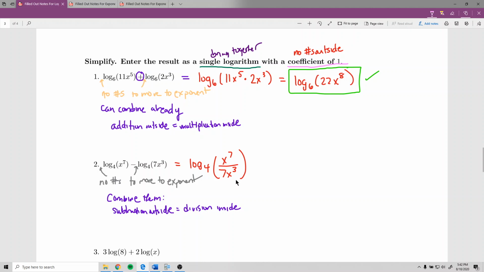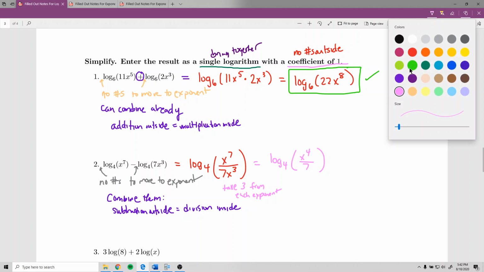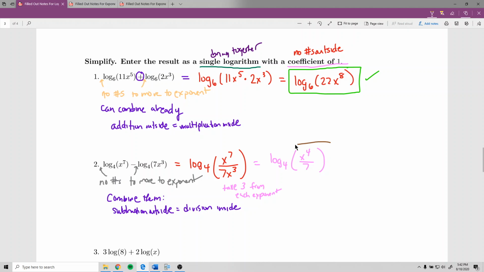So what I'm going to do is take 3 from each exponent. And we get log base 4 of x to the 4th divided by just 7, because when we take the 3 away from the x cubed, we have no x's left. And that is our simplified answer. We have a single log. The coefficient is 1.